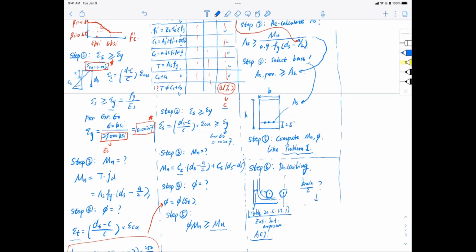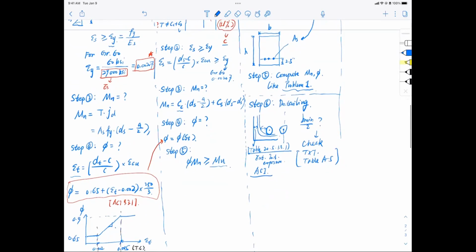And also you check the textbook, table A5, because there you have a standard width. But be careful, that standard width has nothing to do with the calculation you're performing here, because table A5 is an ideal situation.